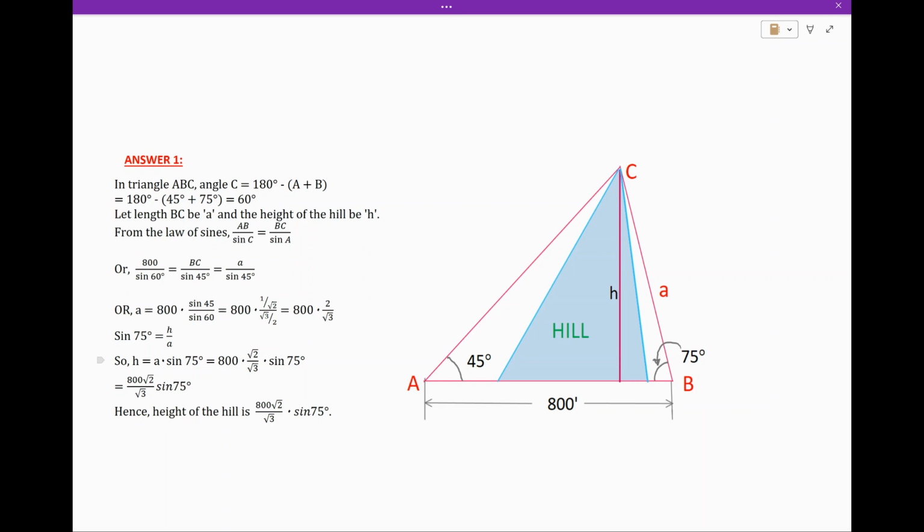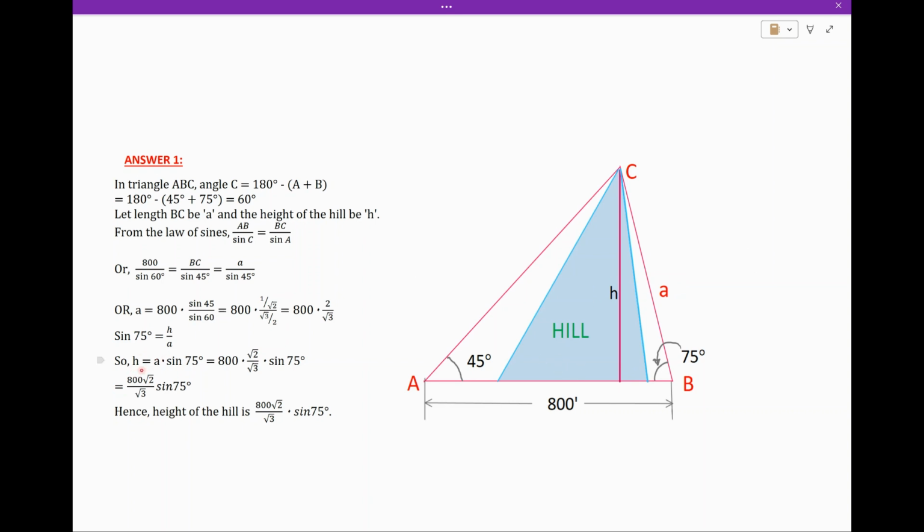Now, in the triangle with C, this point and B, this angle is 75 degrees. Therefore, sine of 75 degrees is equal to H by a, because this angle is 90 degrees.